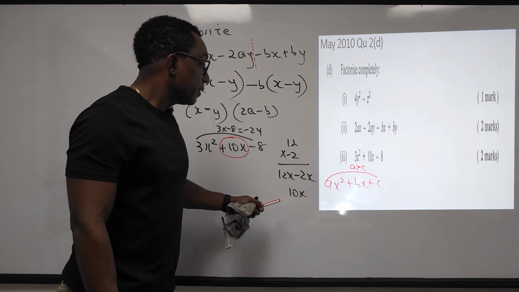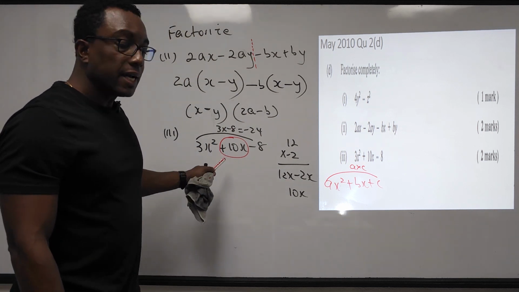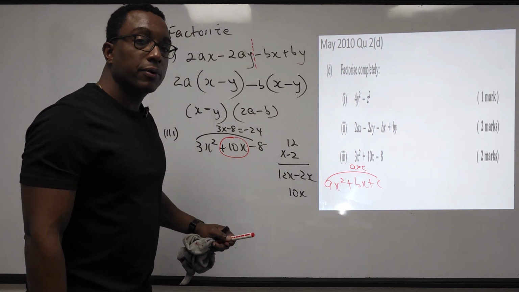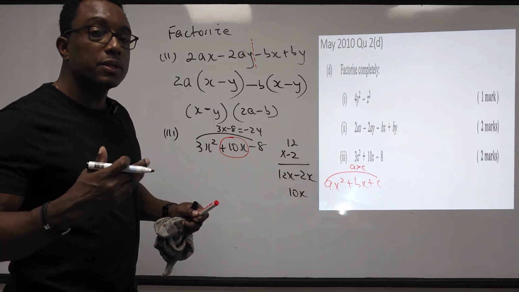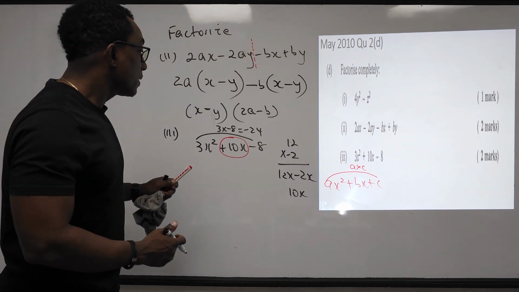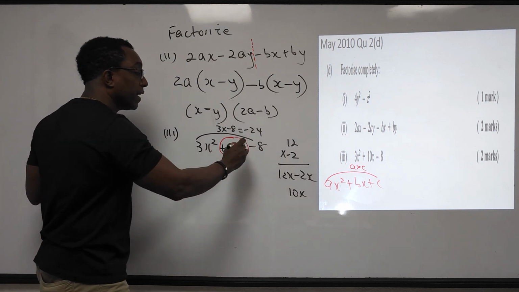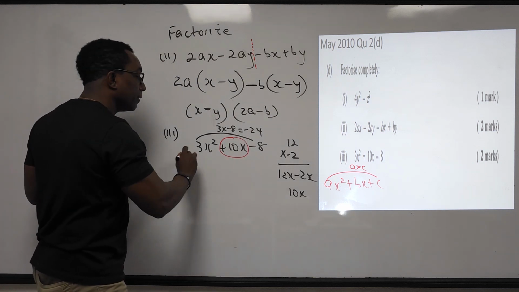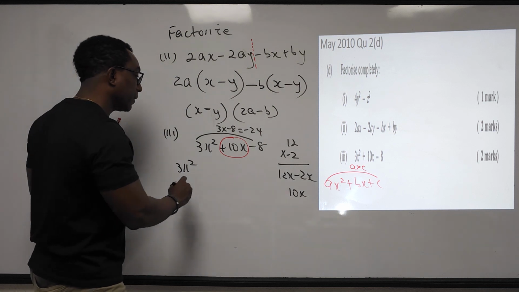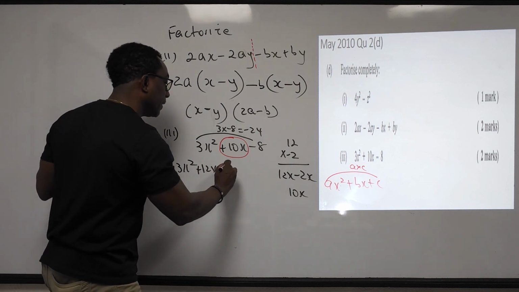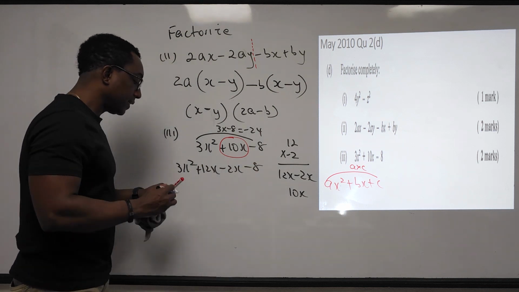So once the signs of our quadratic correspond with the signs of our terms, we know we can proceed with grouping. We're on the right track. So let me rewrite this expression as 3x squared plus 12x minus 2x minus 8.